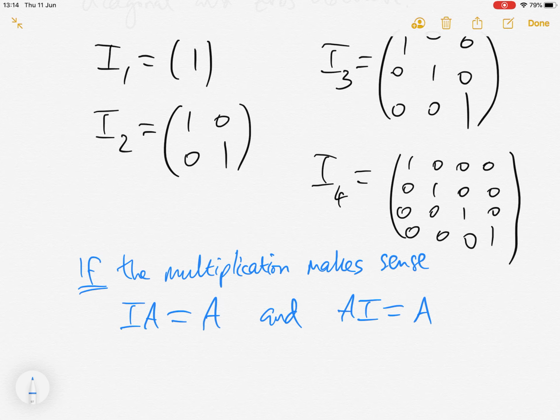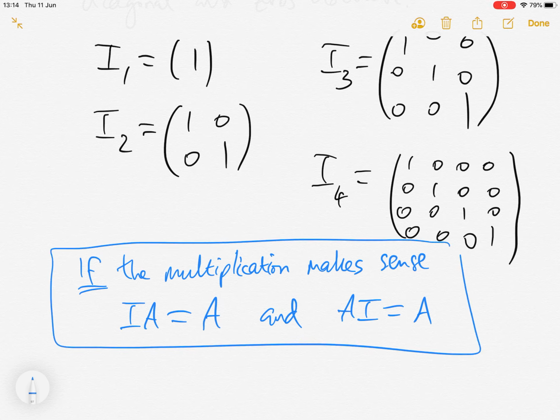But we'll see later on that if the multiplication makes sense, then multiplying by the identity doesn't change the matrix. That's why it's called the identity matrix.